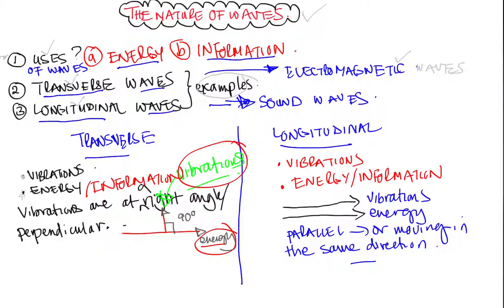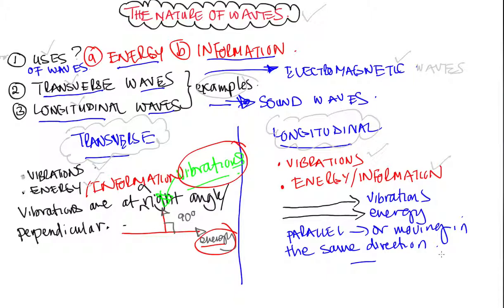And then this side, down here, we looked at how transverse and longitudinal can be differentiated. So you can differentiate them in terms of the vibrations and energy, or information, because within this, these vibrations are moving in a certain direction, but the energy is moving in this direction for a transverse wave.